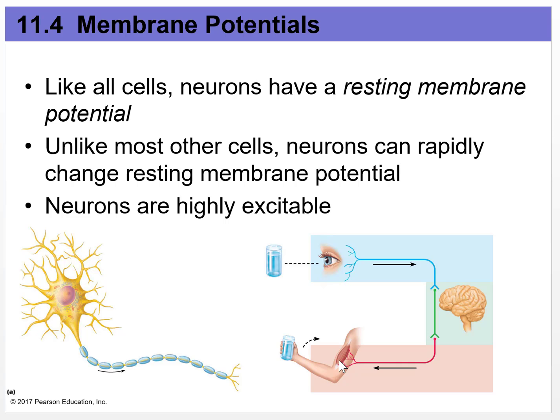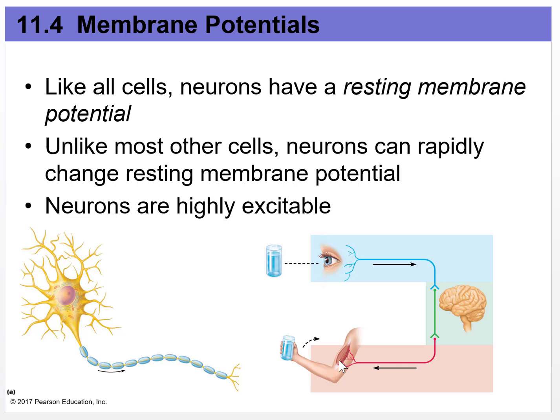So for our neurons, general idea here is that all our cells have different jobs, and the neuron's job is to be extremely excitable with that membrane potential and have proteins built into that membrane to allow for that signal to relay that change in ion concentrations from one end to the other very quickly, rapidly, to relay a signal.